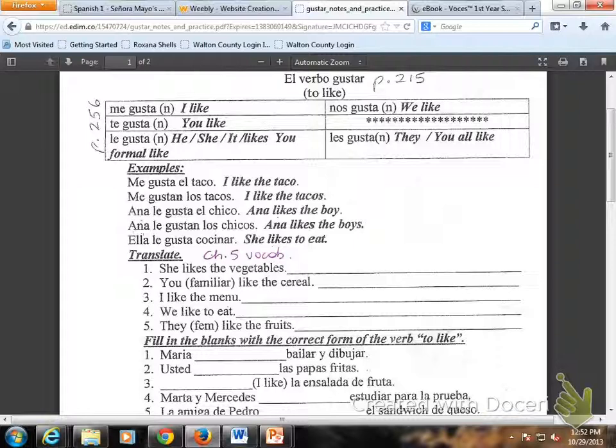And then notice I just put gusta or gustan for every single one because you only have two options: if you like one singular thing or if you like plural things. So there's a couple of examples here. For this first part right here, I put chapter 5 vocab because we didn't focus on vocab this time. I just want you to put she likes. And the like will depend on if she likes singular vegetables or plural vegetables. So look at the word in English, if it's singular or plural, and then just focus on the actual verb to like. And then you're going to finish this for homework.